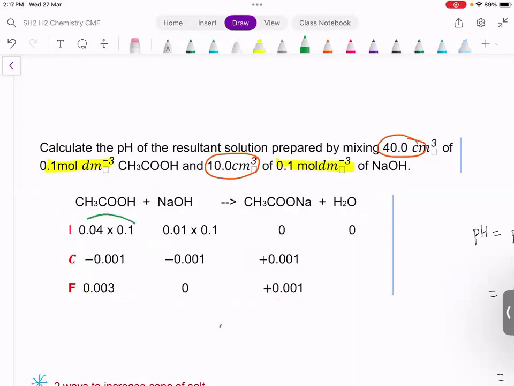This is what you started with using the volume times concentration. This is the limiting reagent. Being the limiting reagent, it will be fully reacted away. So this amount of acid will be reacted away, and this reaction will produce this amount of salt.